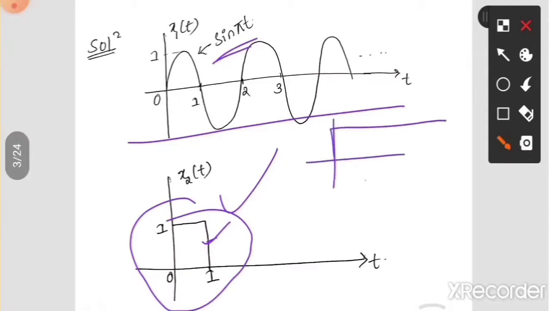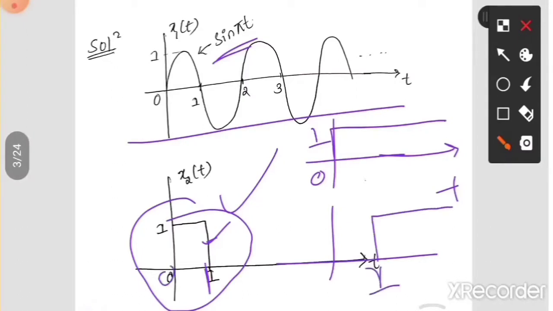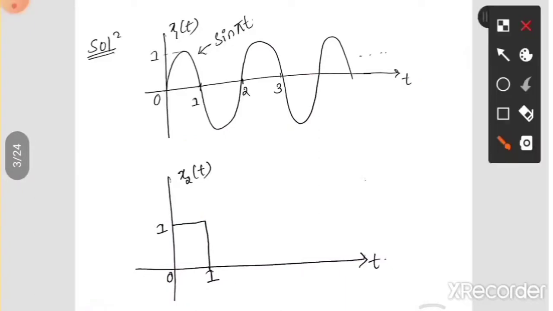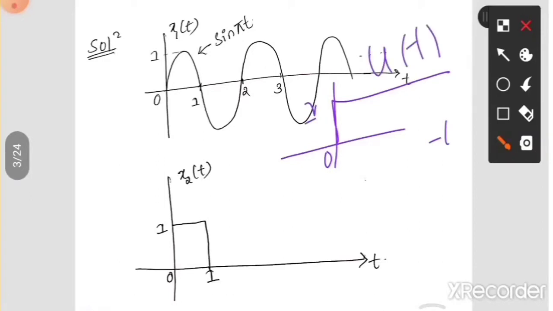The first one is u of t, from 0 with magnitude 1, and it has to be subtracted from another signal which starts from 1, which has a delay of 1 second, and is called u of t minus 1.